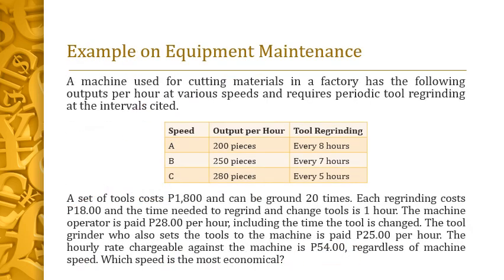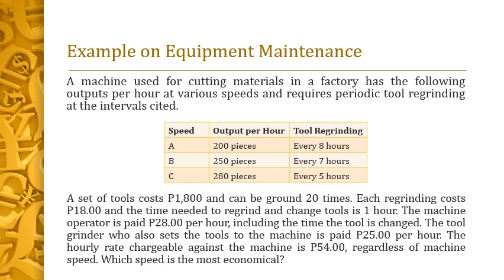Example on equipment maintenance. A machine used for cutting materials in a factory has the following outputs per hour at various speeds and requires periodic tool regrinding at the intervals cited. For speed A, 200 pieces of output per hour, tool regrinding every 8 hours.